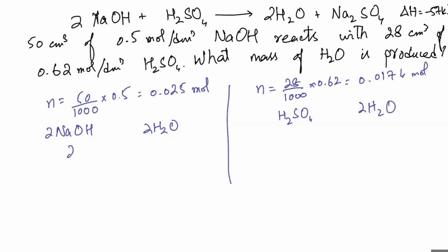The equation says 2 moles of this produces 2 times 18 grams of this. Grams क्यों ले रहा हूं? क्योंकि उसने mass मांगा मुझसे. So 0.025 will produce x.